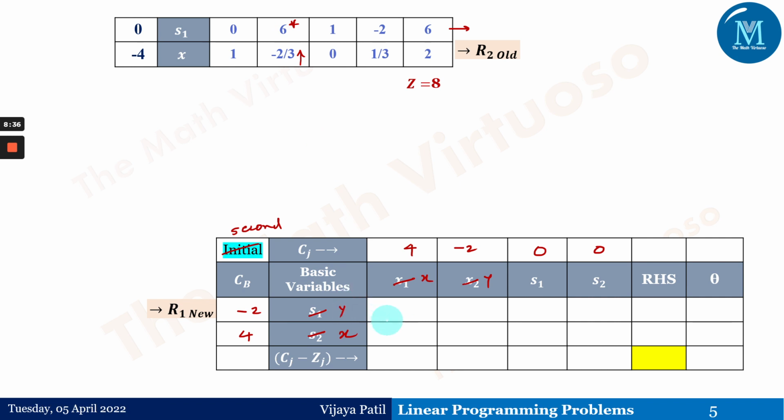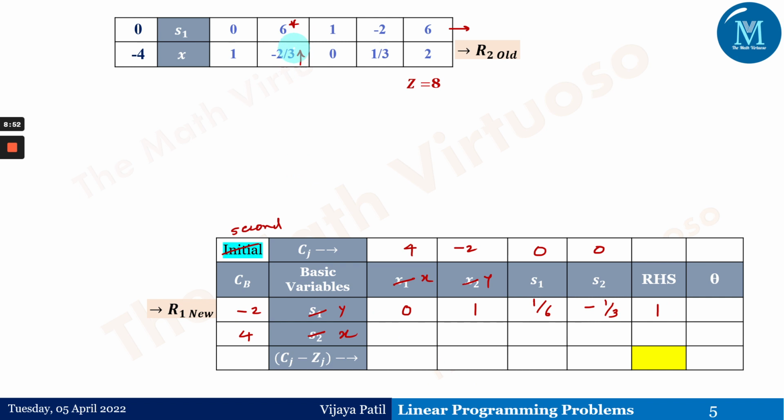To get the 6 to be 1, we divide the entire first row by 6, so it is 0, 1, 1 by 6, minus 1 by 3, and this comes out to be 1.